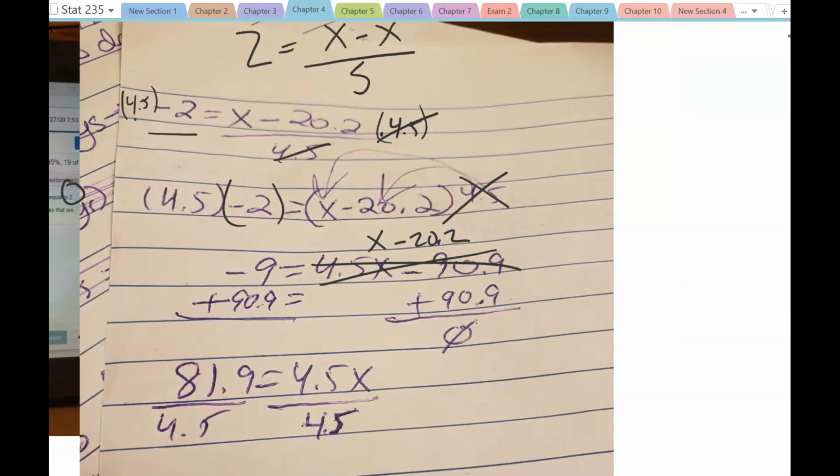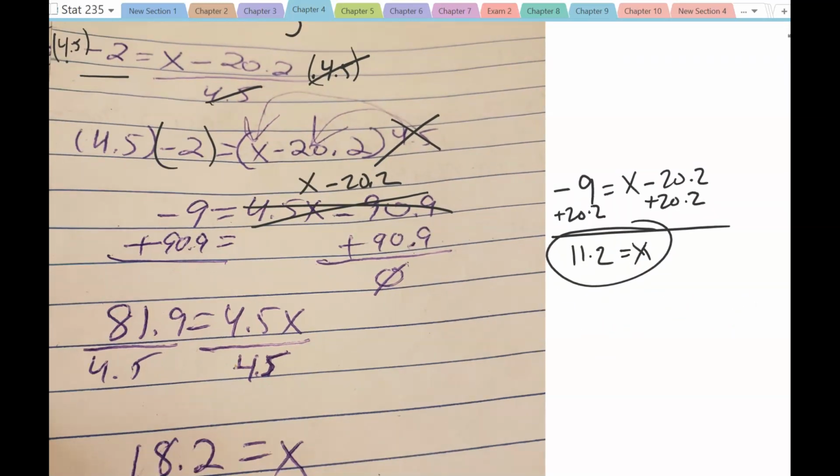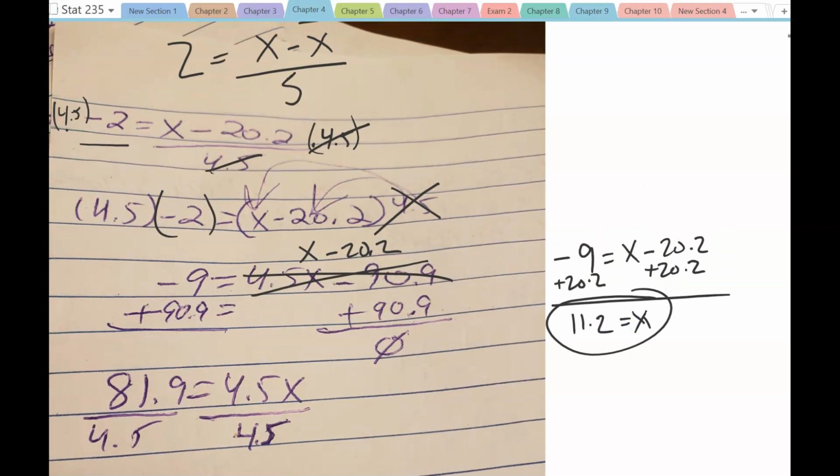So -9 equals x minus 20.2. If I add 20.2 to both sides, -9 plus 20.2 would give me 11.2 as x. And if you do the other way, you would have 9 equals x minus 20.2. So basically 9 plus 20.2.